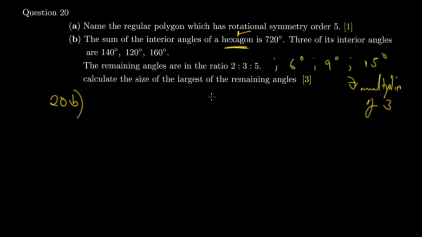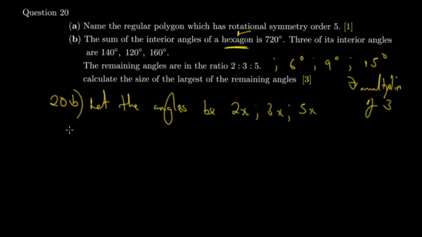So for our case, we don't know what we are going to multiply by. So what you do is that you say let the angles be 2x. The multiplier is 2x, 3x, 5x.